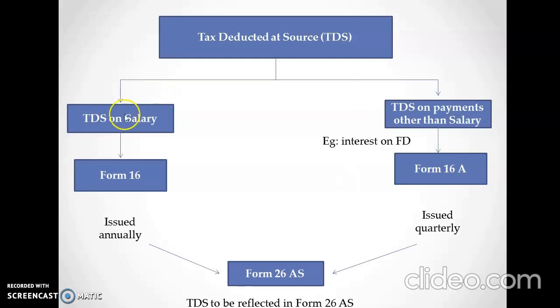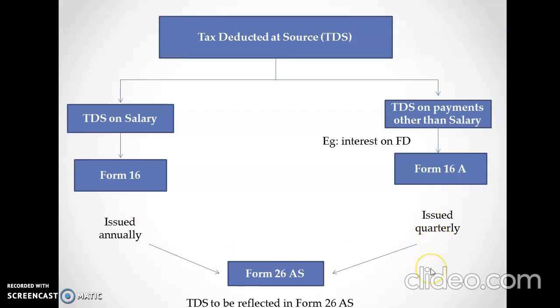Now when TDS is deducted on salary, you get Form number 16. While for TDS on payments other than salary, the form is 16A. Talking of salary, this form is issued annually. And Form 16A, which is for payments other than salary, is issued quarterly.